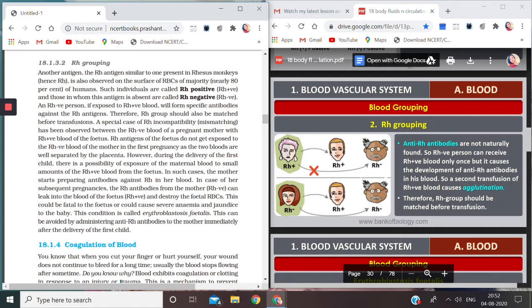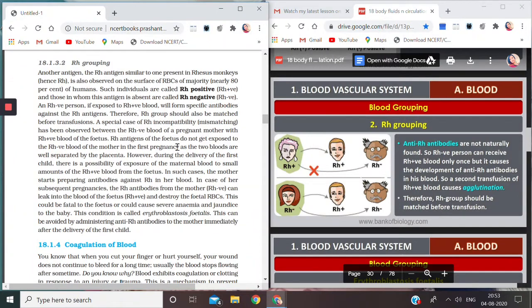So Rh antigens of the fetus are not exposed to the Rh negative mother in the first pregnancy. Why? Because the fetus is inside the amniotic bag or the sac, and it is separated from the mother's blood. So the two bloods, the blood of the fetus and the blood of the mother, are not in contact with each other. So there is no problem in the first pregnancy.